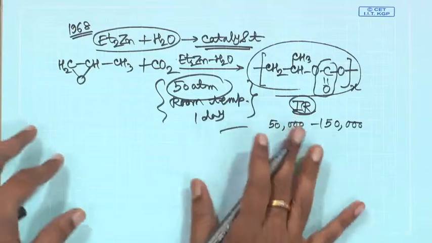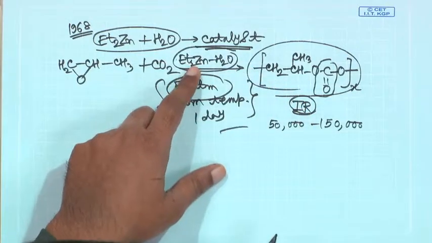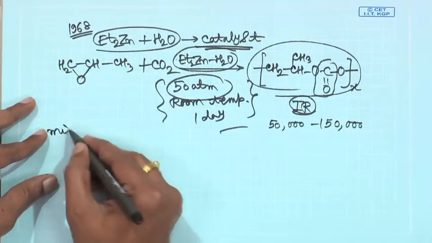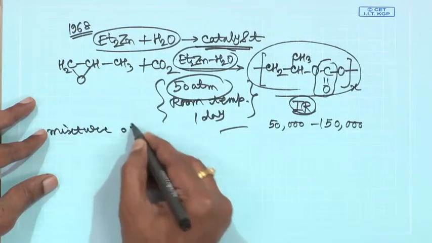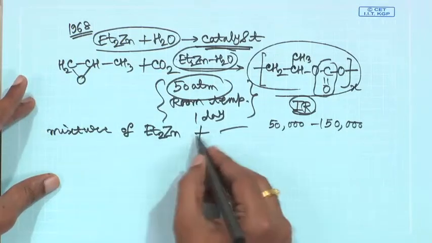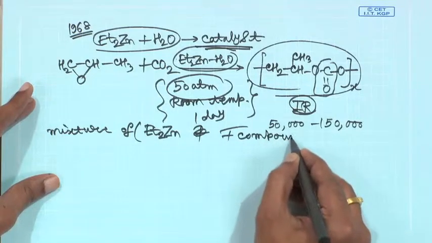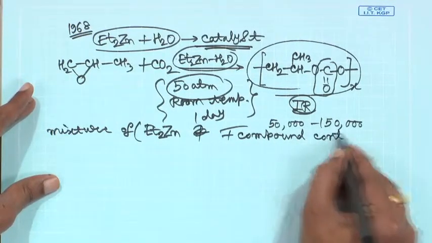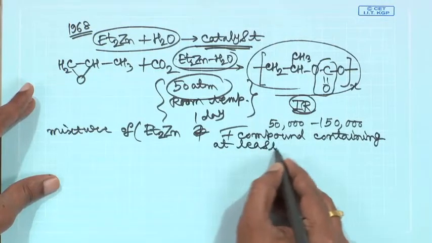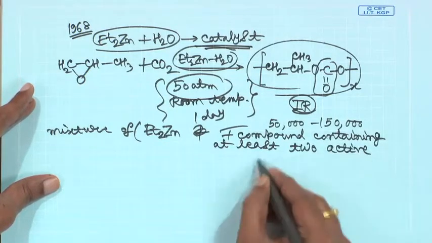Now, the catalysts that you are using here typically have one common principle, and that is the catalyst contains a mixture of diethyl zinc and a compound containing at least 2 active hydrogens.